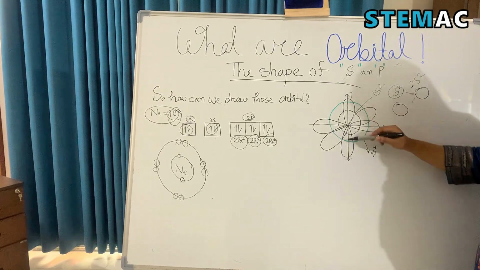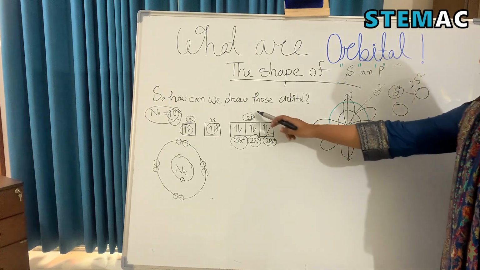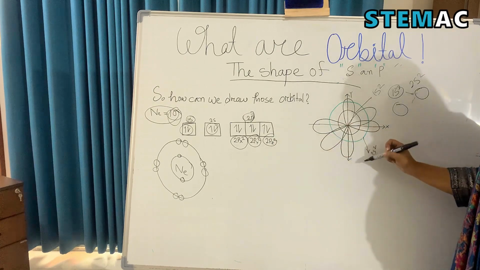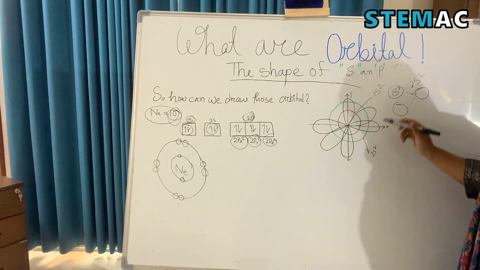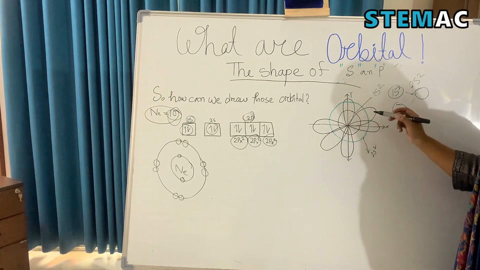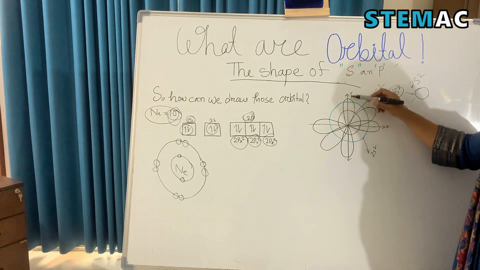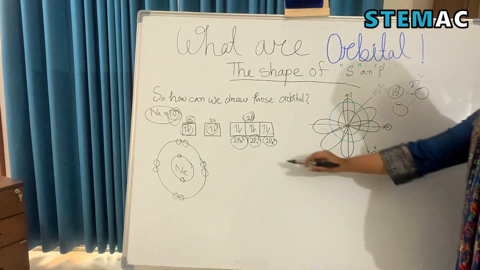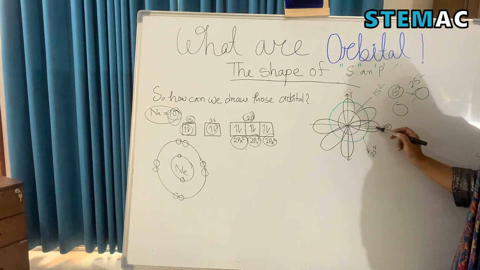Here this green shape you are seeing is 2s square. Here the dumbbell consists of 2p, which you learned previously; the p has a dumbbell shape. So here we have 3 dumbbells. In the x case, 2px square, we have that dumbbell shape.